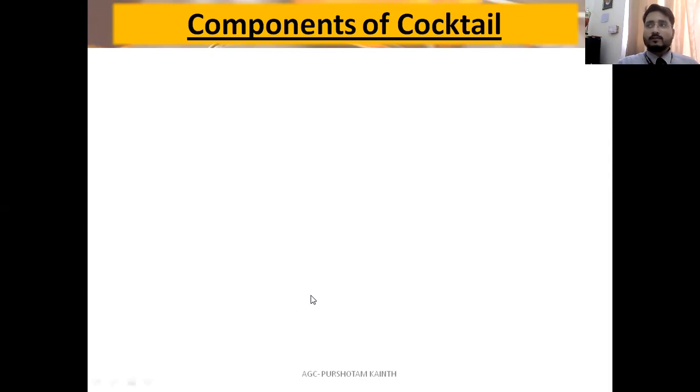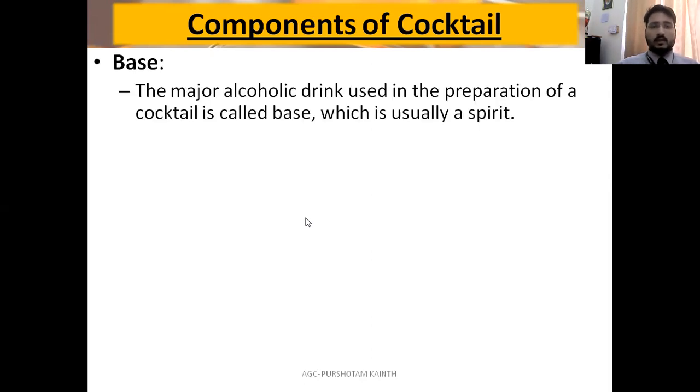We will start with the first one, which is base. To prepare a cocktail, we need a base. The major alcoholic drink used in the preparation of a cocktail is called the base. Without a base, we cannot prepare a cocktail, right?